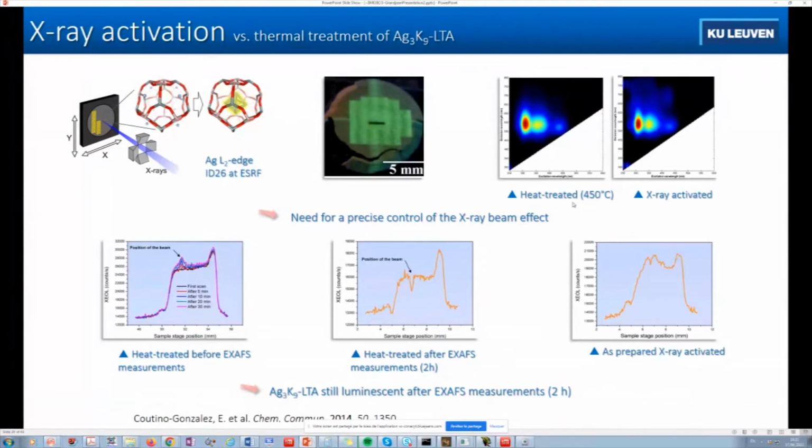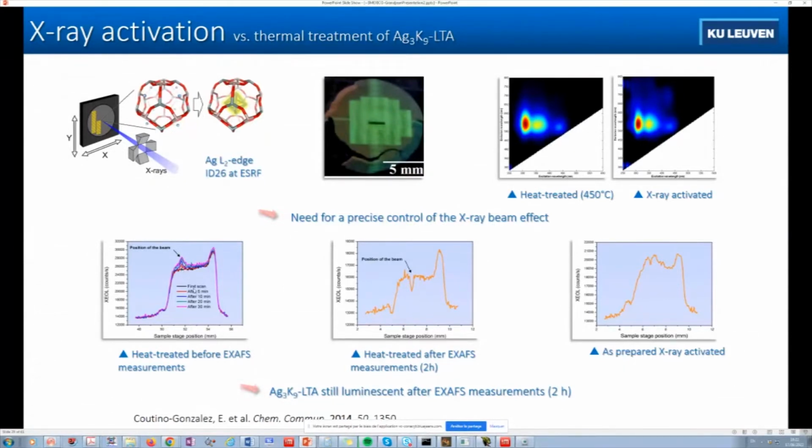And if you look at the heat treated and the extra activity, they're exactly the same. Also interesting with the XEOL is that we can measure the shape of the pellet as a function of the optical luminescence. So it gives you how much cluster have been created or destroyed. And you see this is the position of the beam.